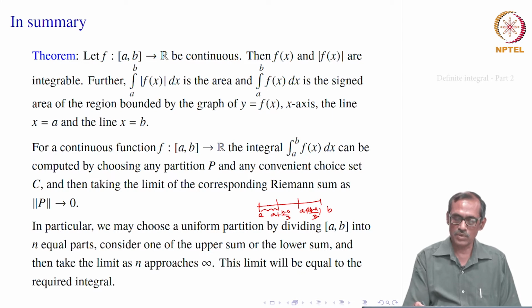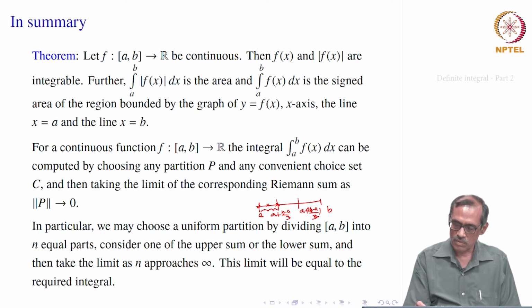Then you can choose any choice point, maybe the left side, that a itself can be a choice point c_1, or maybe the right one, which is x_i equal to c_i. Those things we have the choice to make. Anything convenient we can take, provided the function is integrable. So, its limit also will be the same.